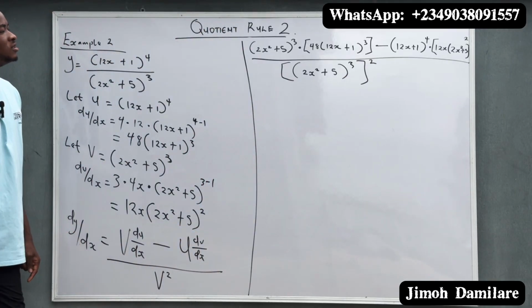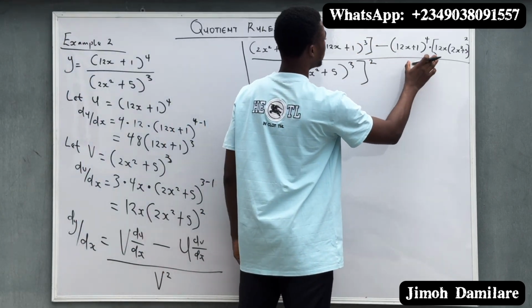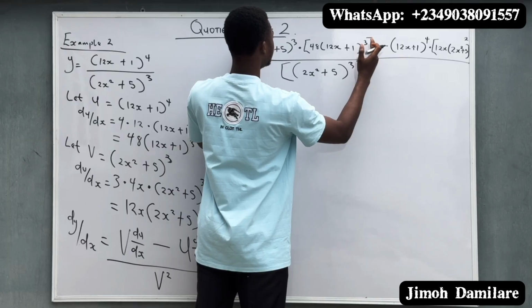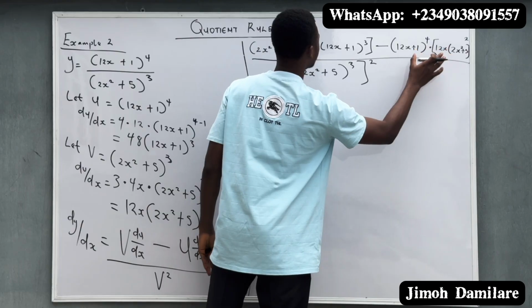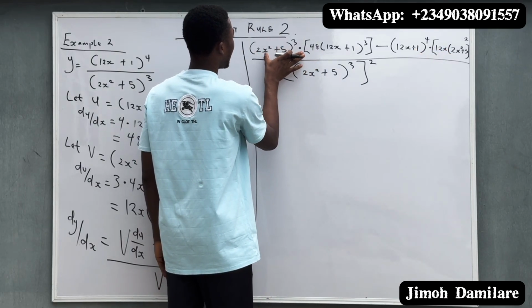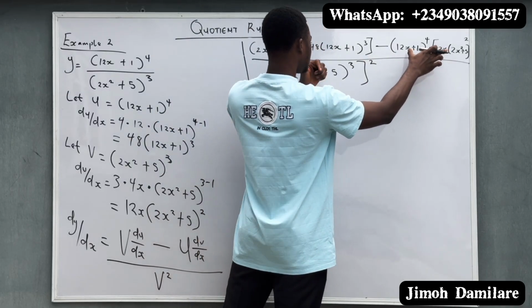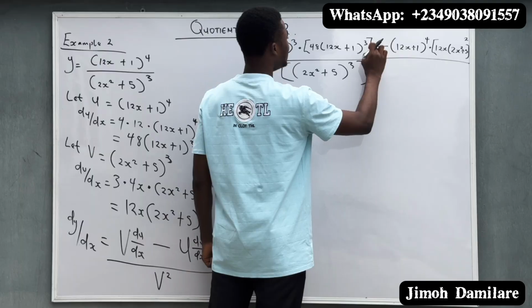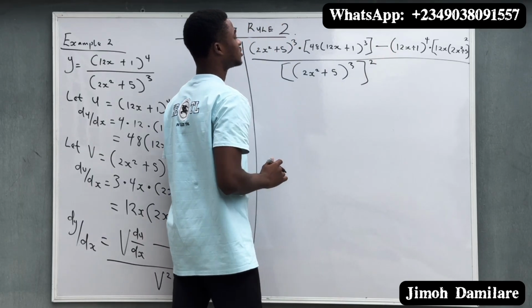So now that we have done this, we can then rewrite this numerator. You can see that everything here is a single term and everything here is also another distinct term. What is bonding this together is a multiplication, and also what is bonding this together is also a multiplication. The difference is just that they are separated by a subtraction sign.